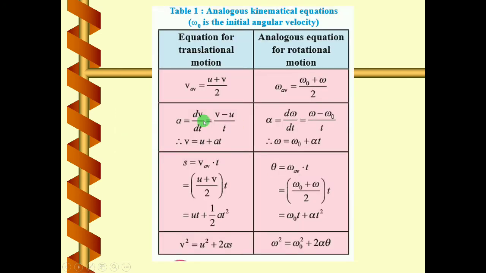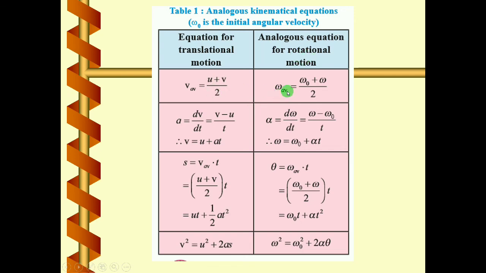Next, there is an analogy given between translational and rotational motion. For example, when we write average velocity in translational motion, we have initial velocity u and final velocity v, so the average will be u plus v divided by 2.